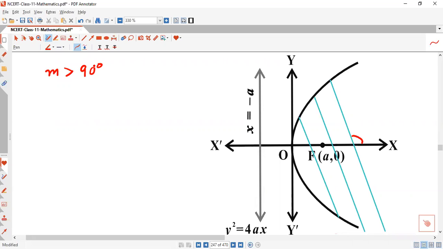So where do we have to draw the diameter of the parabola? The midpoint will now be below the x-axis. You see, the midpoint of these lines will be below the x-axis. If you draw the diameter of the parabola, you see this is the diameter of the parabola.